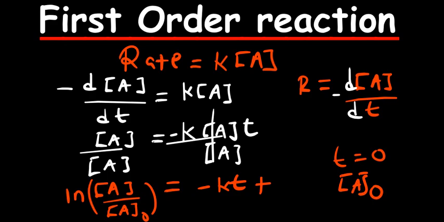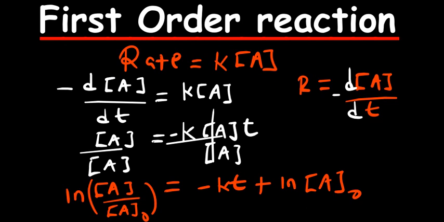But in this case, there is a natural log here, so it is the natural log of a initially. Basically this is how we are going to find it for a first order reaction. This is the formula that you are going to use.